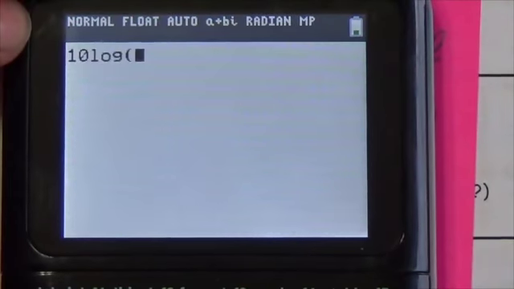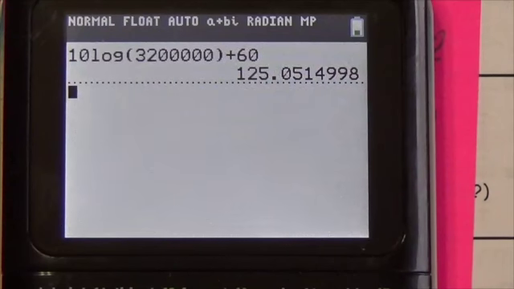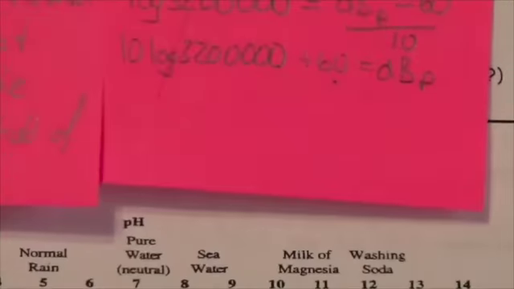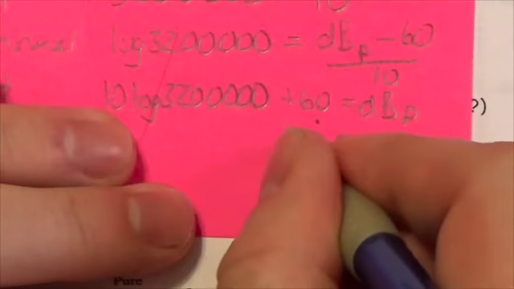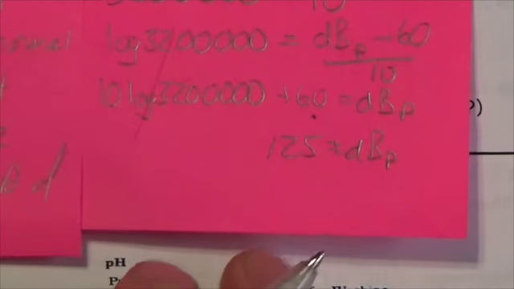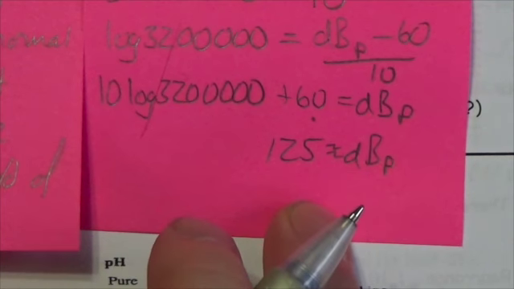This will be 10 times the log of 3.2 million, and then we're going to add that 60 to it. Oh, and so we're getting basically 125, just slightly over 125 here. So this is approximately 125 decibels, which is how loud it is when it starts to get painful to listen to it.